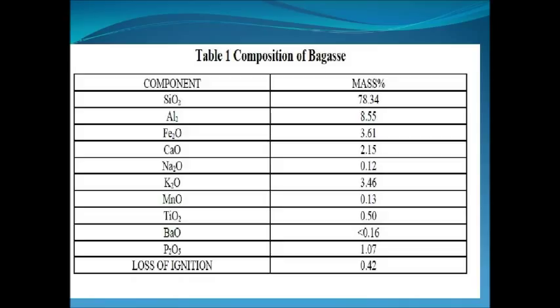Table 1 contains the composition of Bagasse ash, the components and their mass percentage. Major components are silica, aluminum, FeO and calcium, which are pozzolanic materials also found in cement.